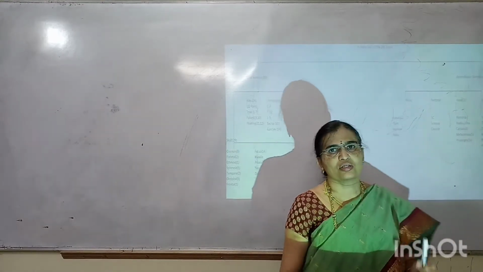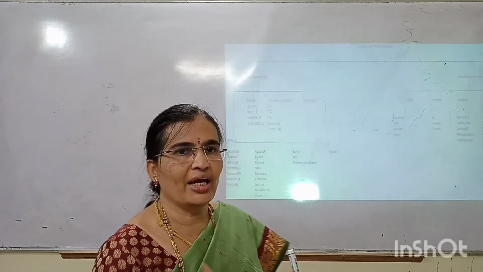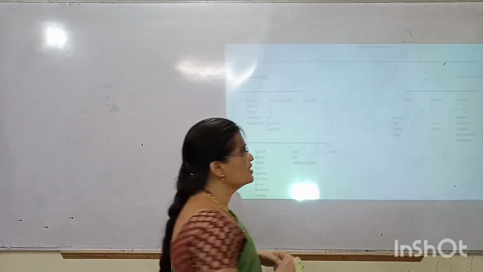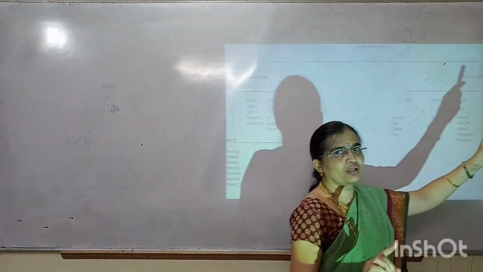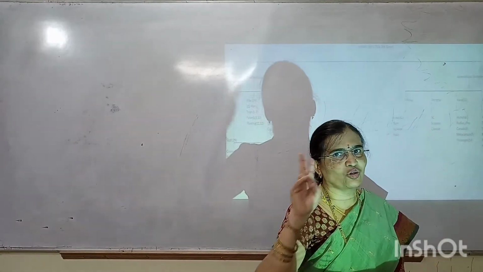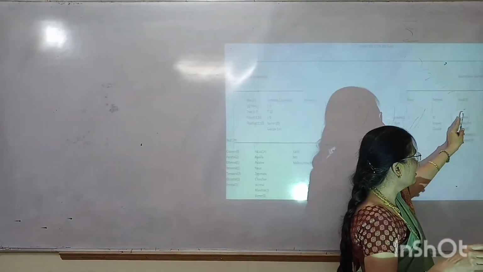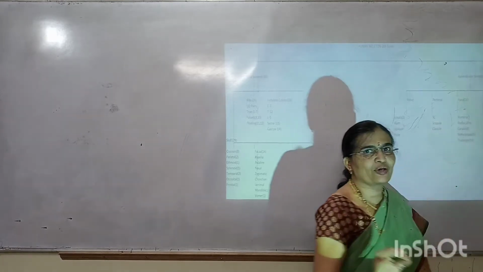How many bones do the hands have? Each hand is made up of 30 bones. So 30 plus 30, 60, and legs again 30 bones each. 30 plus 30, because we have 2 hands and 2 legs, so 60 plus 60, 120 bones.